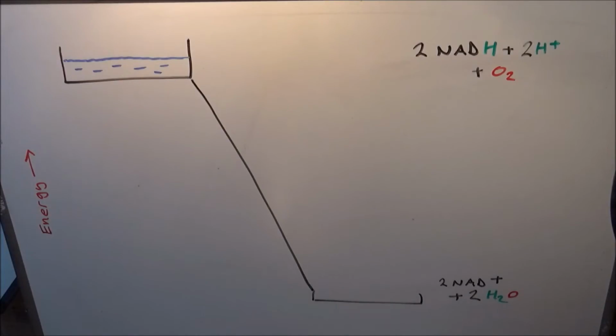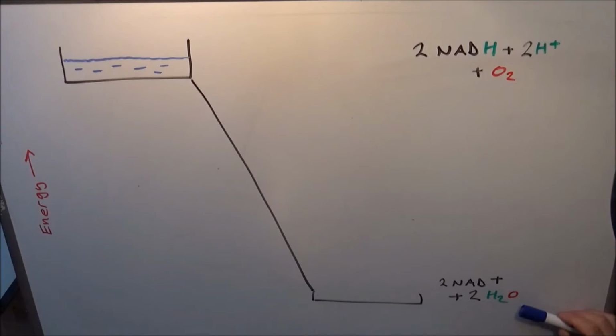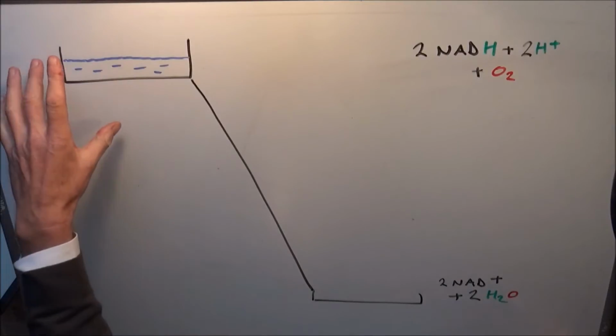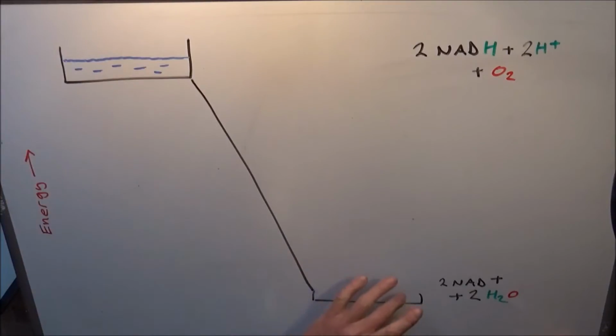In order to understand how the hydrogens from reduced NAD become the hydrogens in water by means of the electron transport chain on the inner mitochondrial membrane, this energy level diagram can be helpful. You can think of the electrons in NADH being of higher energy than those in water, in the same way that water in a reservoir up a hillside has more energy than water down in a lake at the bottom.